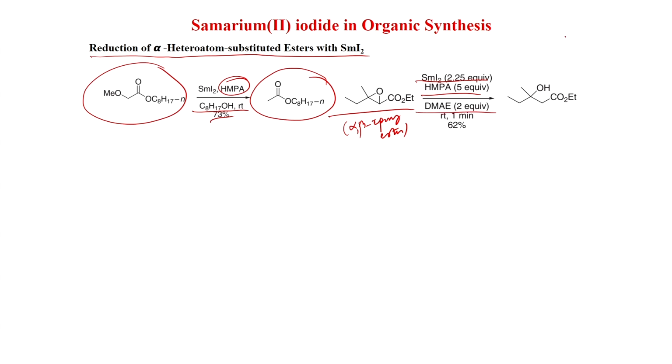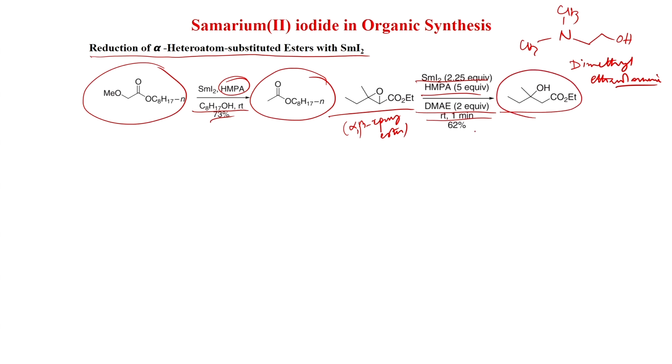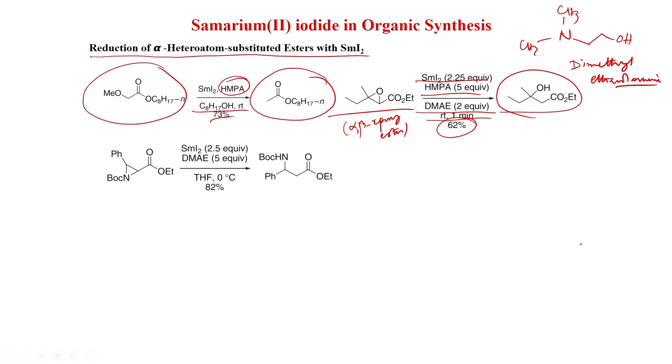So, DMEA is dimethyl ethanolamine. So, this has two roles. One role, it is a proton source of course, and another is that it breaks the samarium S star complex to make free S star. And this reaction is very fast, only 1 minute at room temperature you get beta hydroxy S star by epoxide opening in 62% yield.